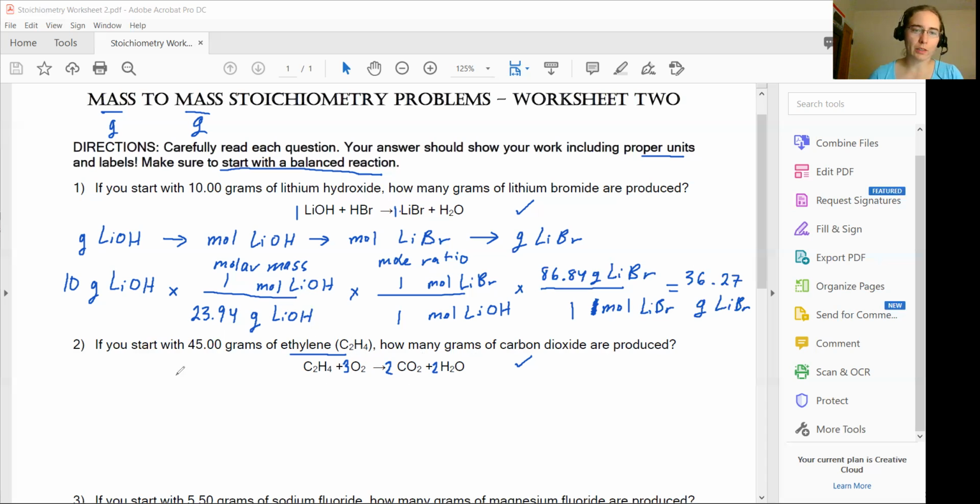So here's what that looks like in a calculation. There's your 45 grams of ethylene. After that, you'll convert to moles of ethylene. So moles goes on the top, grams goes on the bottom.